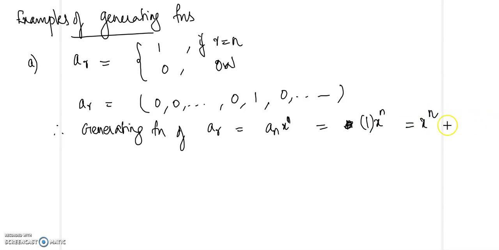So given any sequence, we substitute into the summation of a_r x raised to r, where r is equal to 0 to infinity, and that will give the corresponding generating function.